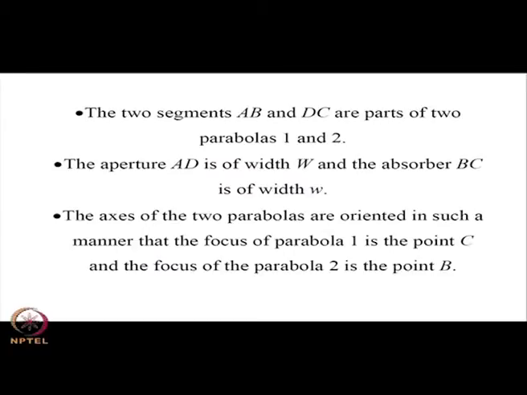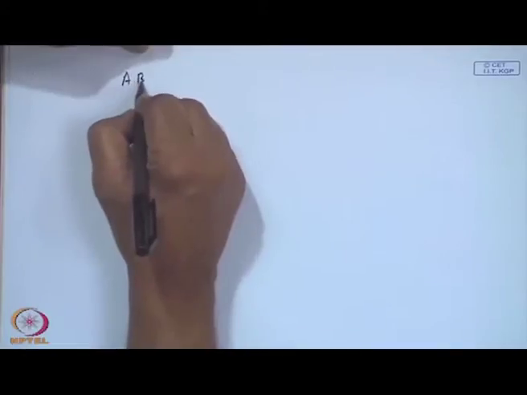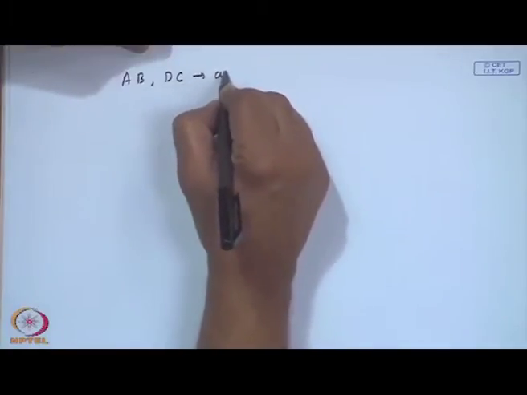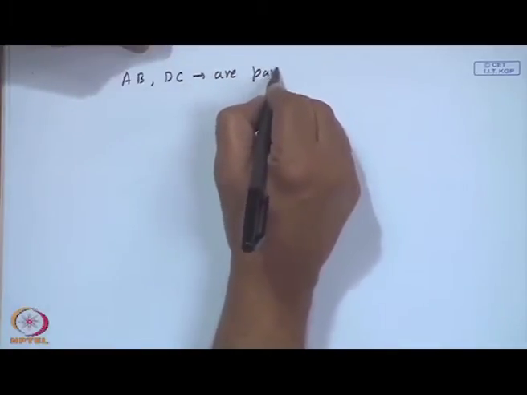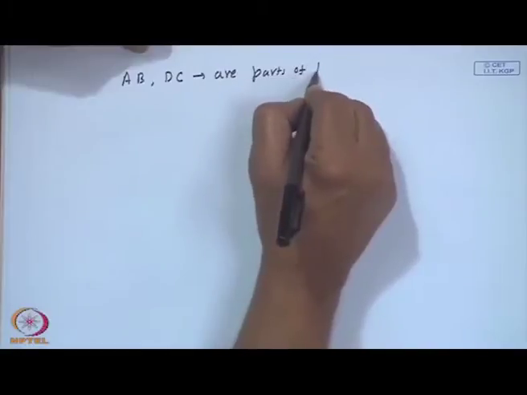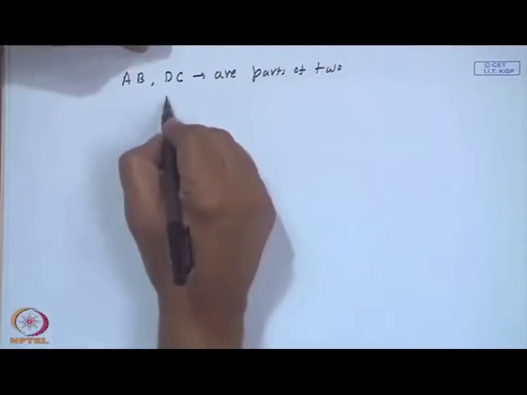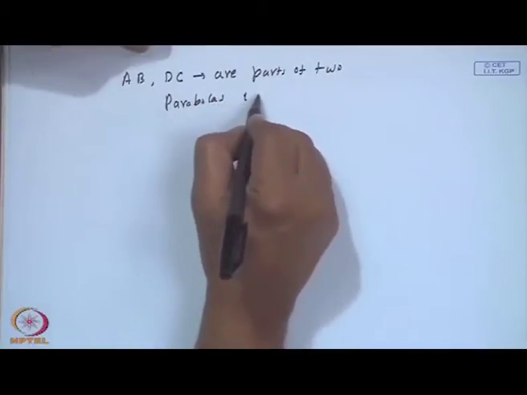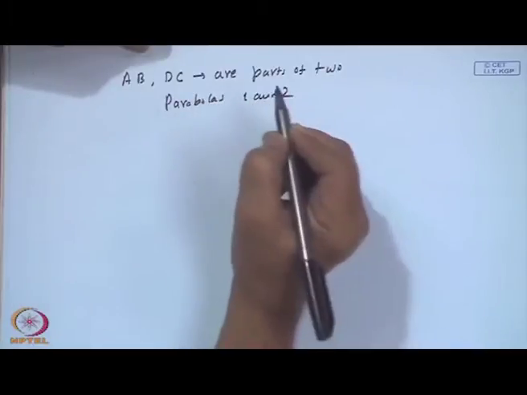So, in a nutshell, the two segments AB and DC are parts of two parabolas, 1 and 2.